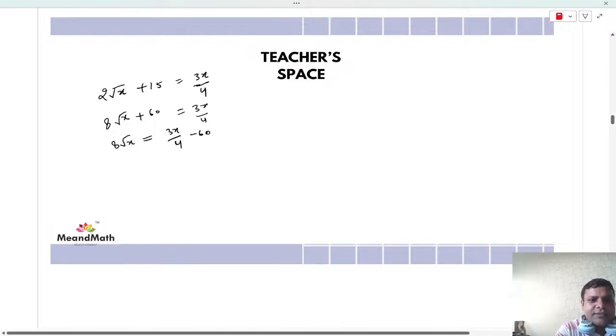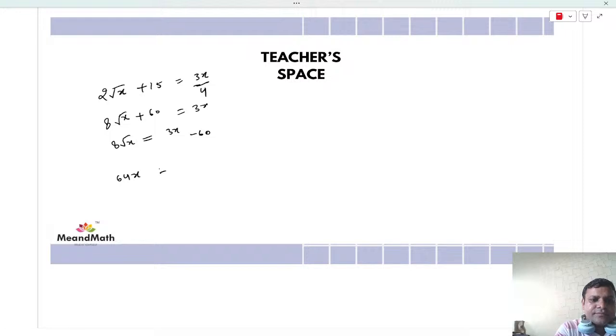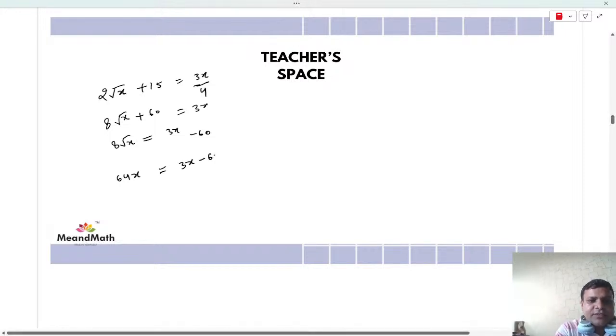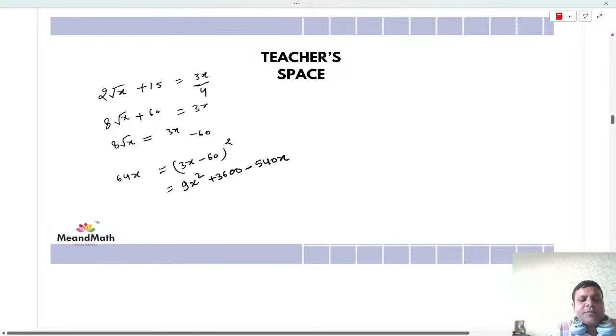Squaring on both sides, 64x is equal to 3x minus 60 whole square. 3x minus 60 whole square is 9x square plus 3600 minus 360x. a minus b whole square is a square plus b square minus 2ab.